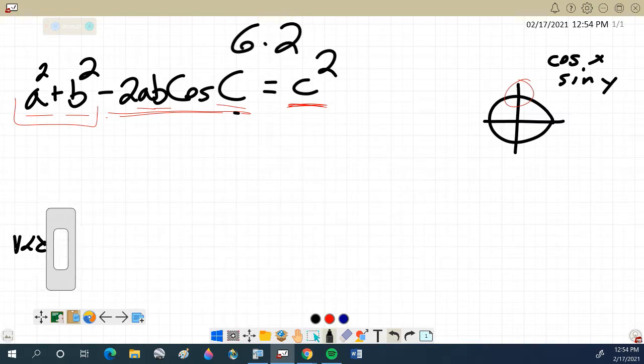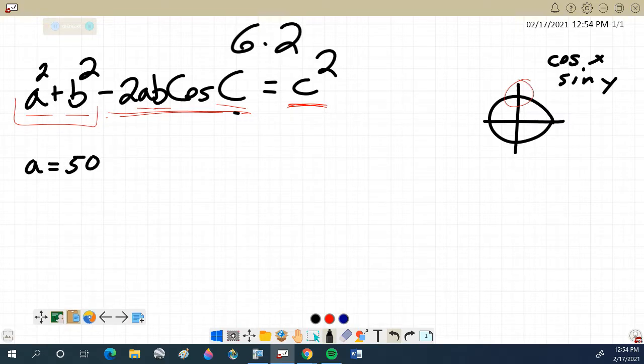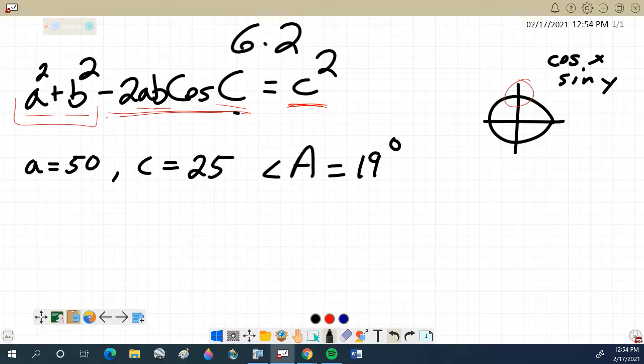But what if I tell you that B is 50 and C is 25 and angle A is 19 degrees. How do I find the missing side?